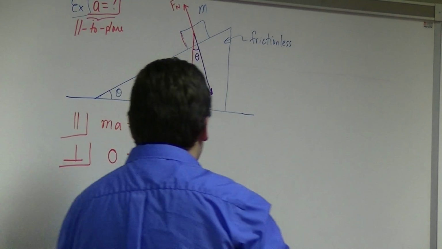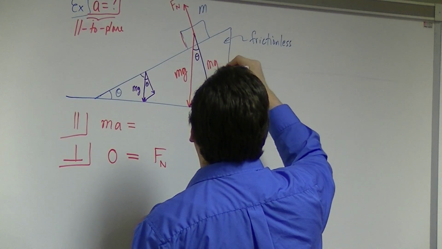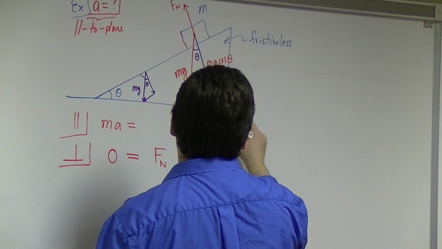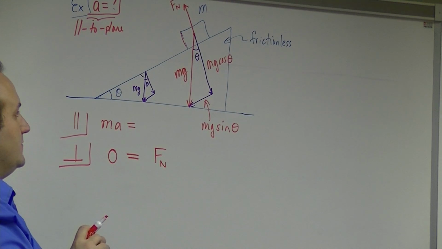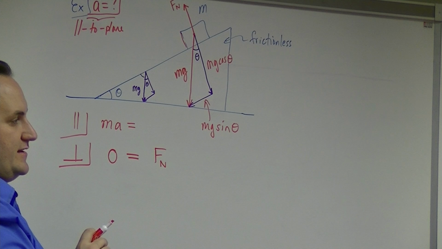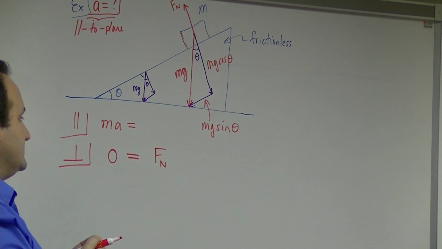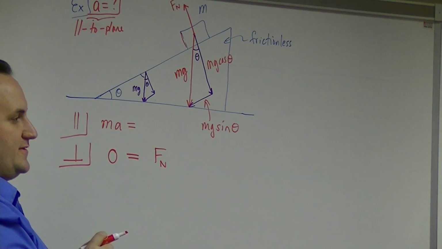It matters because if the hypotenuse is mg, the adjacent side is mg cosine theta, and the opposite side is mg sine theta. Right? Now the question is, do you want to take down the plane as positive or up the plane as positive? It's your choice. Which direction is going to be positive A? Down is going to be positive?